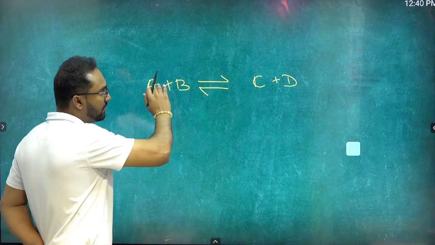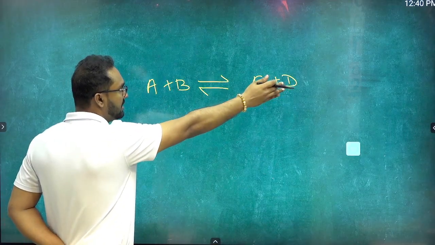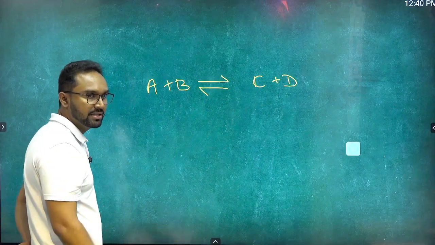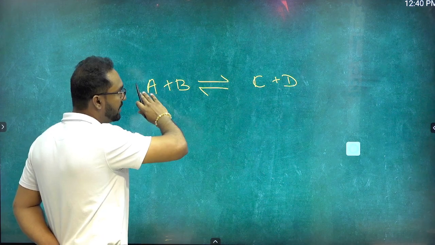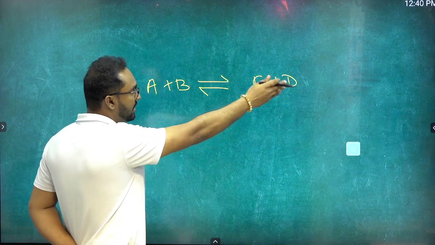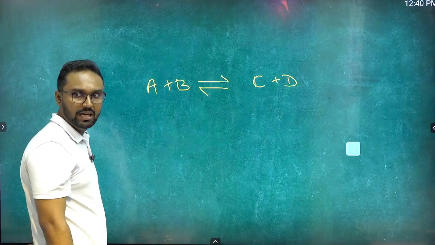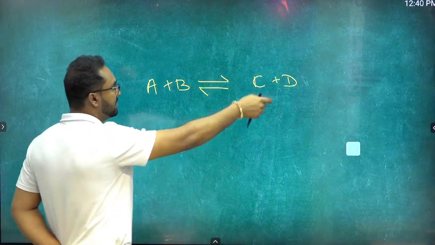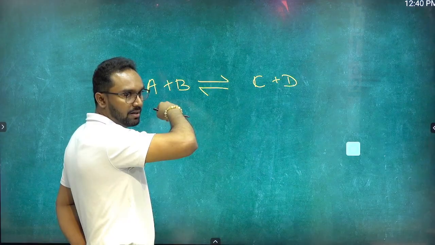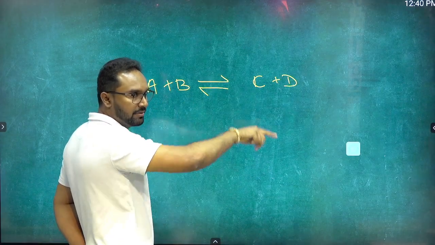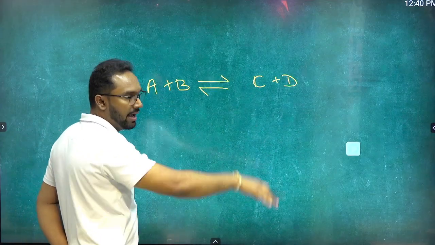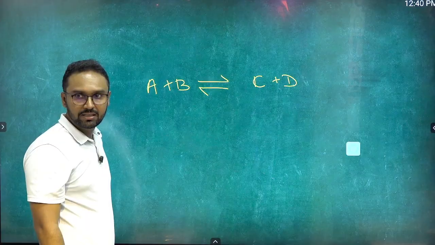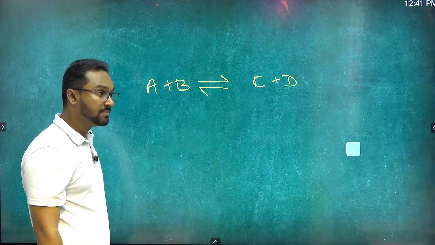Sometimes the forward reaction rate is high and the backward reaction rate is low, which means it produces more C plus D than A plus B. Sometimes the reverse reaction rate is high and the forward reaction rate is low, which means it reverses more and the forward reaction happens less.